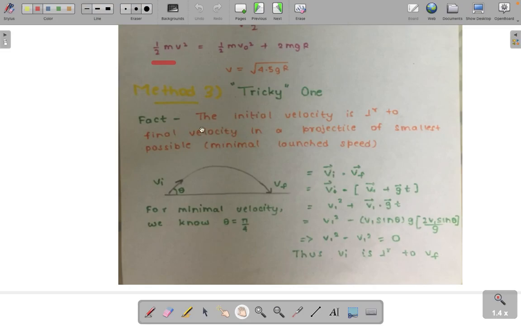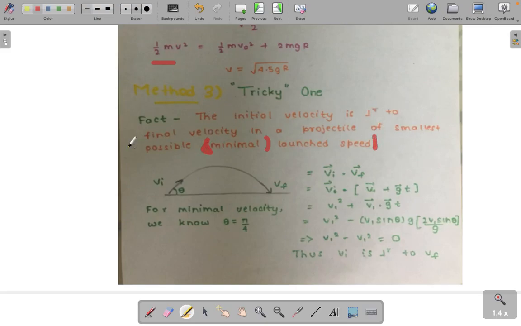So knowing the fact that the initial velocity is perpendicular to the final velocity in a projectile of smallest possible launching speed. Ignore this, sorry, the bracket should be here, not here.